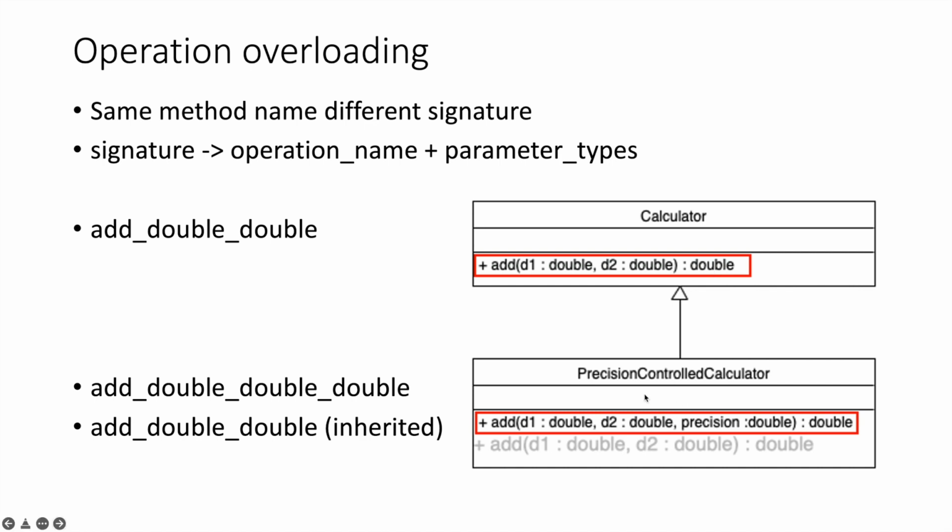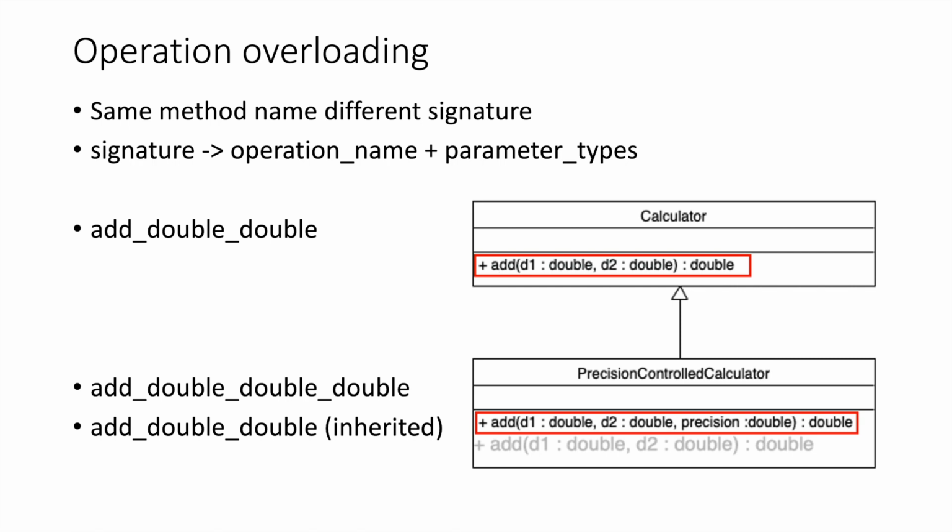In the child class there is another method with exactly the same name, but the signature is add double double double, because it is going to use three input parameters, and that is why the signature of this operation and the signature of that one are different.